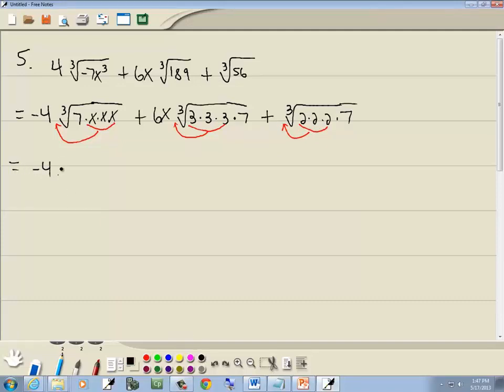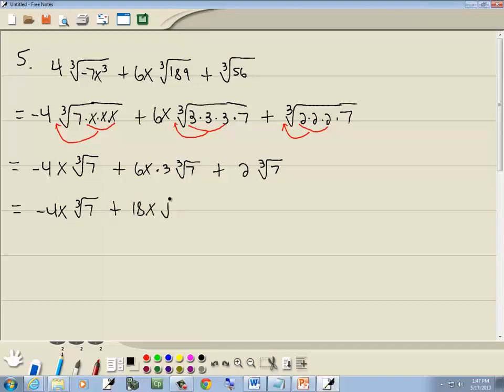So we've got negative 4x cube root of 7, and here we've got 6x times 3 cube root of 7, and here we've got 2 cube root of 7. That gives us negative 4x cube root of 7 plus 6 times 3, which is 18x cube root of 7, plus 2 cube root of 7.